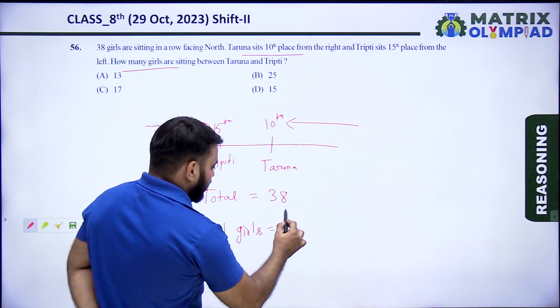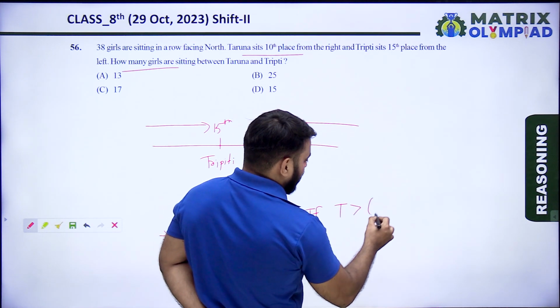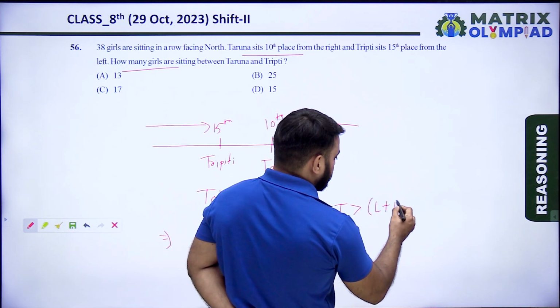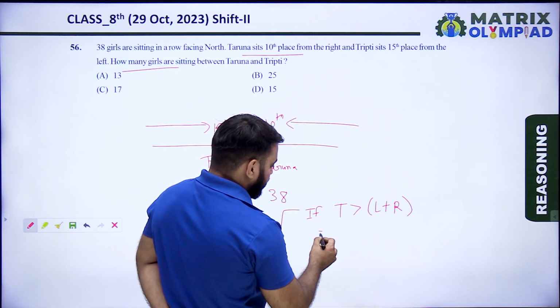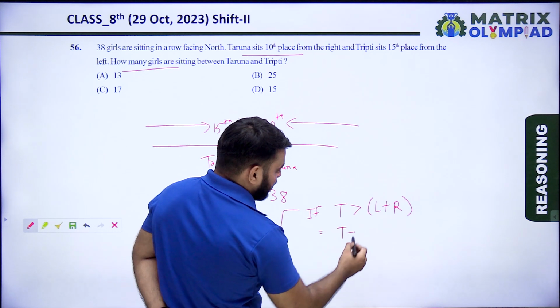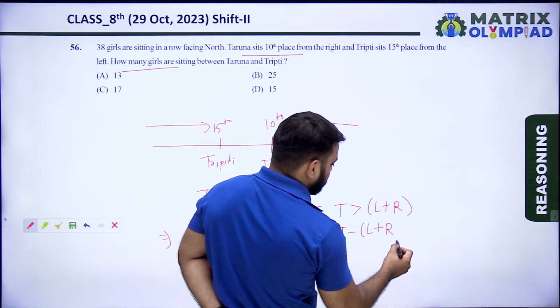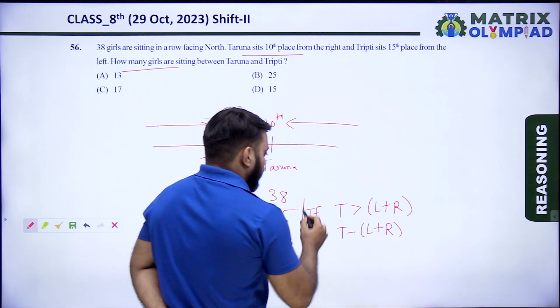So there are two conditions. If total is greater than left position of first person plus right position of second person, then number of mid persons is equal to total minus left position of the first person plus right position of the second person.